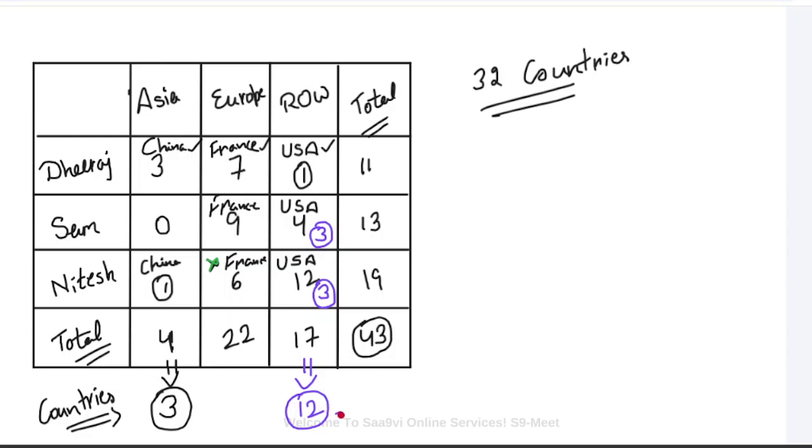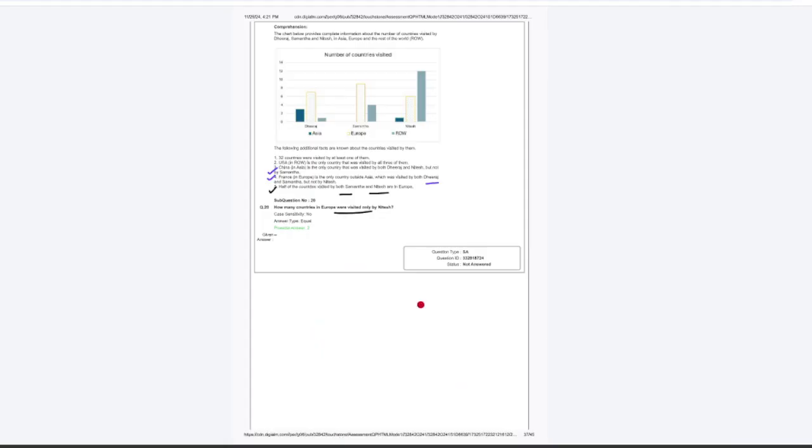Out of these 12, one is USA. The other 3 are visited by both Samantha and Nitesh, and the rest 8 countries are unique, visited only by Nitesh. I believe this point is quite clear. It was straightforward.